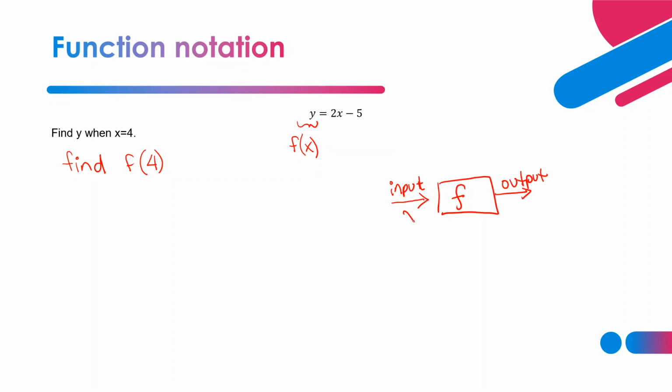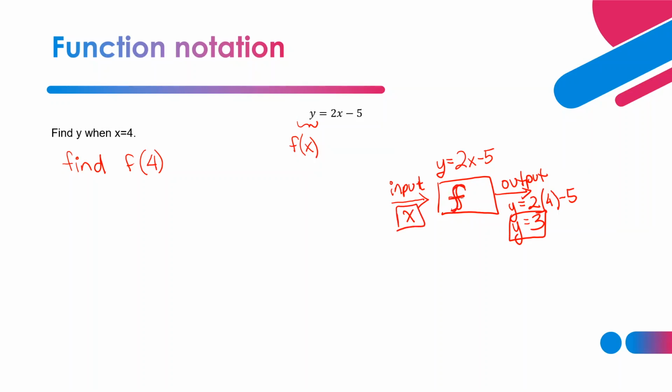If I put in my input for x to be 4 in this case, and my function machine is telling me to find y is equal to 2x minus 5, my output is really y, which is equal to 2 times 4, take away 5, which is equal to 3. So my output is y, my input is x, and this is my function machine.